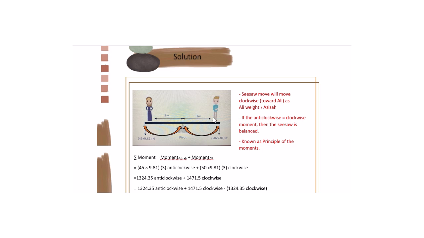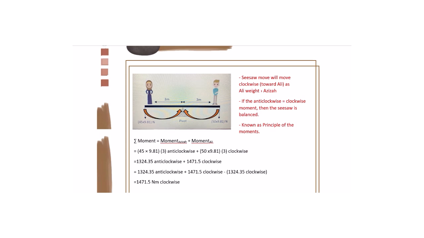So we want to calculate the moment. Find the sum of moment. So the sum of moment, we calculate moment for Aziza plus moment for Ali. The formula for moment is force multiplied by distance.